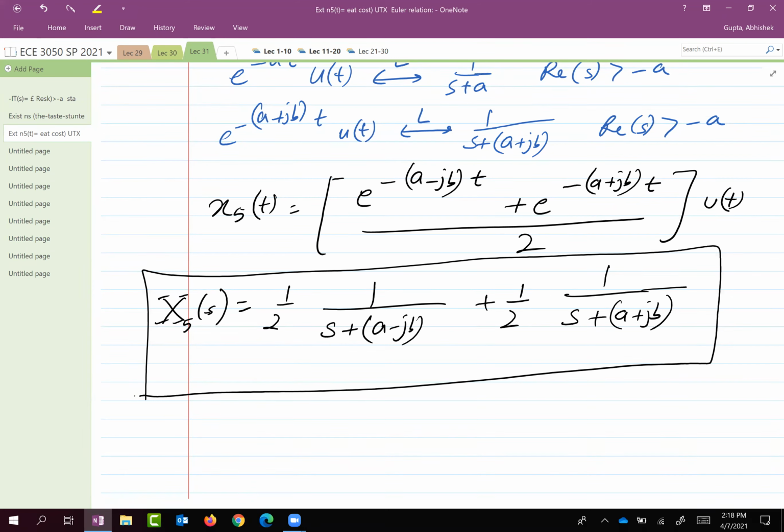Any questions on this particular example, fifth example?